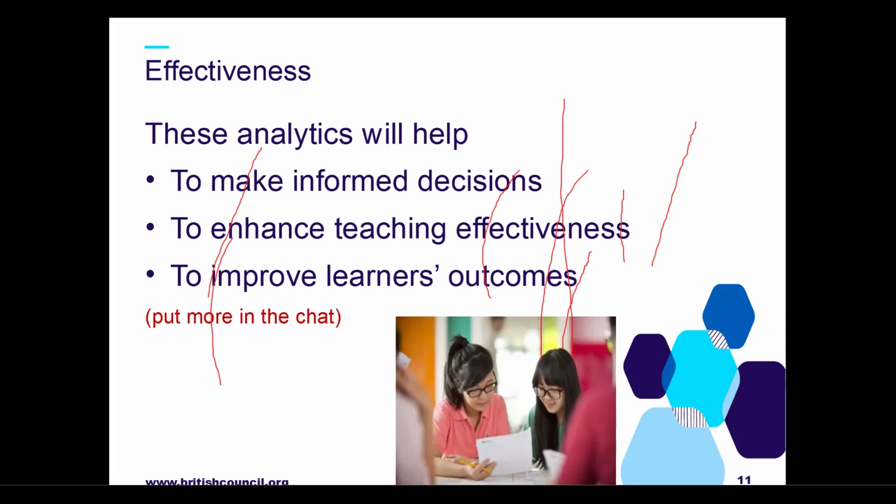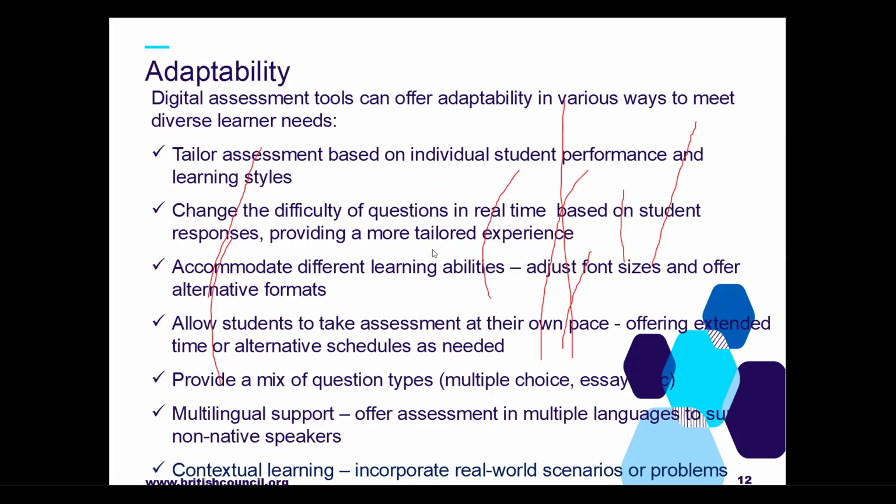So assessment is not just meant for the learner. Assessment is also meant for the teacher. I think this one we have mentioned many times here. So it makes you have those informed decisions and to change our approach.